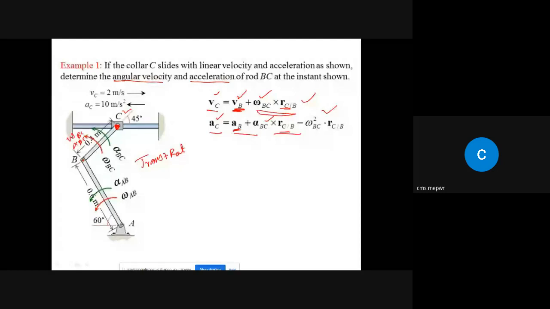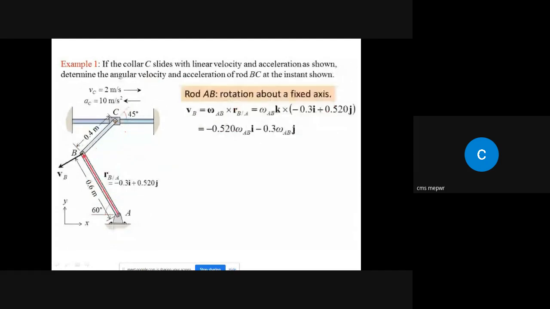So now let's consider this link AB. It is having only rotation, right? If we consider only this link, let's consider rod AB. This rod AB is having only rotation, so it is rotating like this.